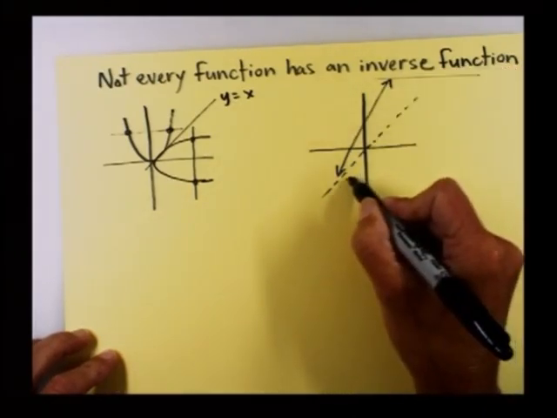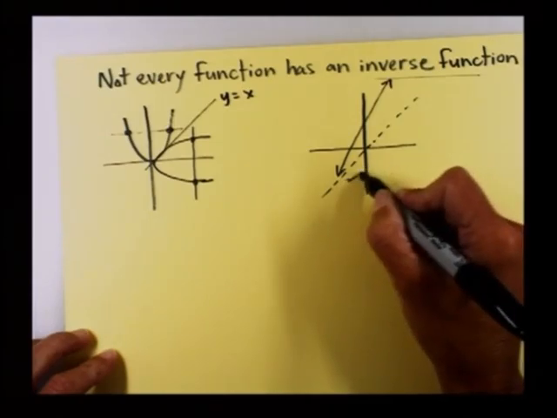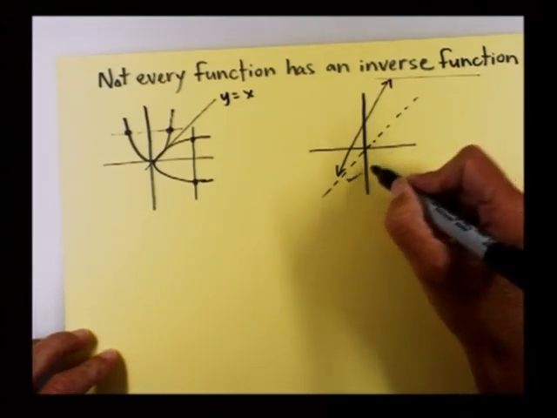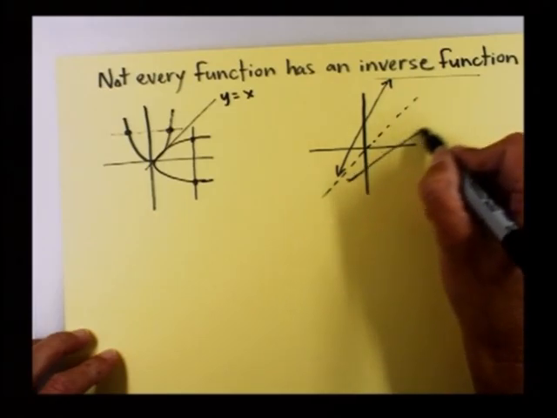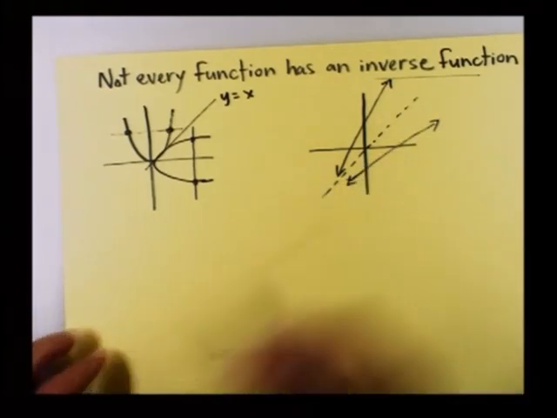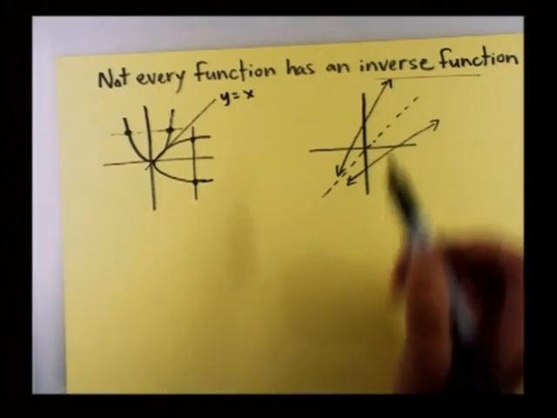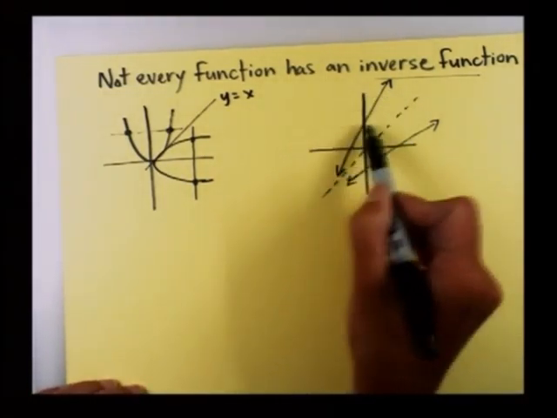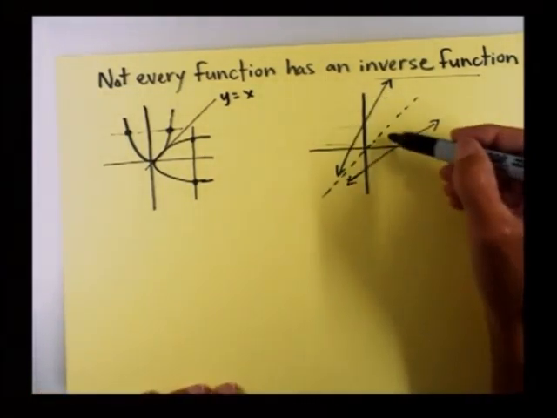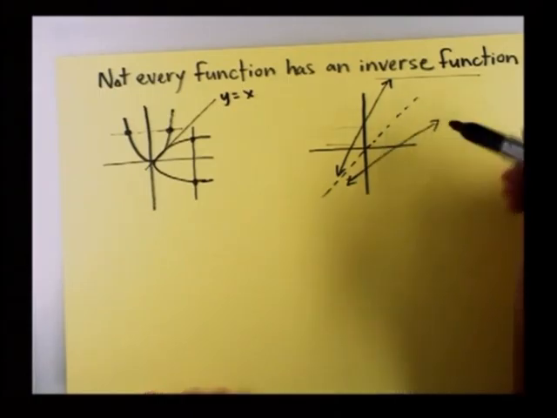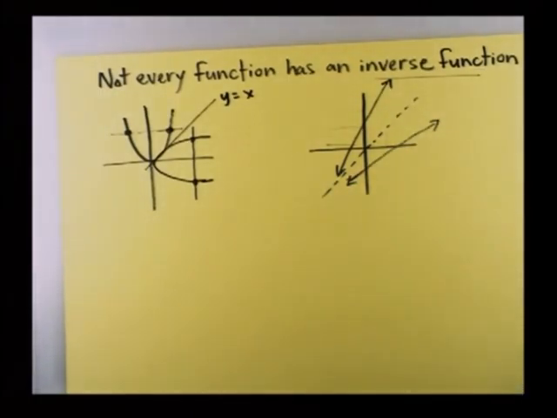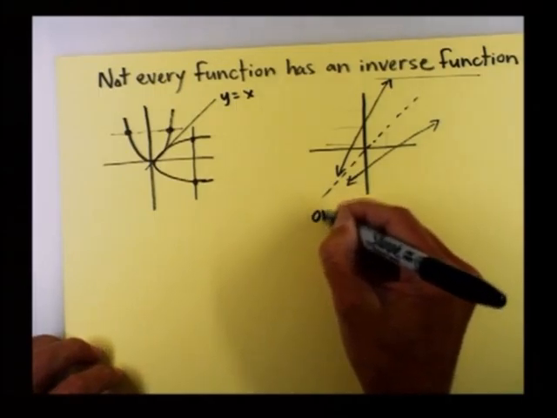So my original function passes a horizontal line test. When I look at the inverse, obviously it passes the vertical line test. So this is what we call a one-to-one function.